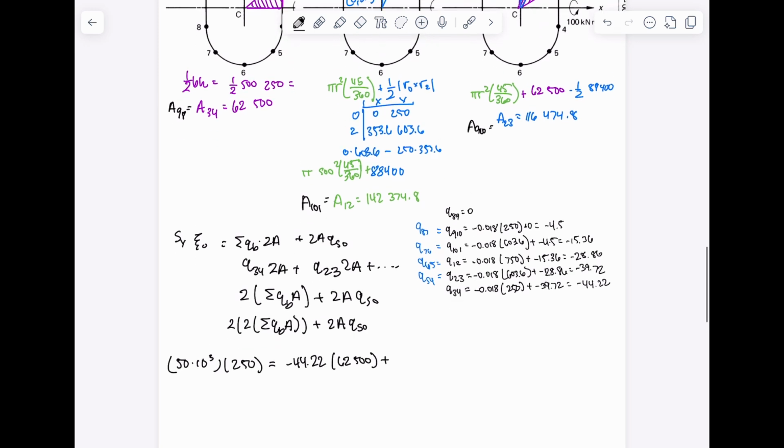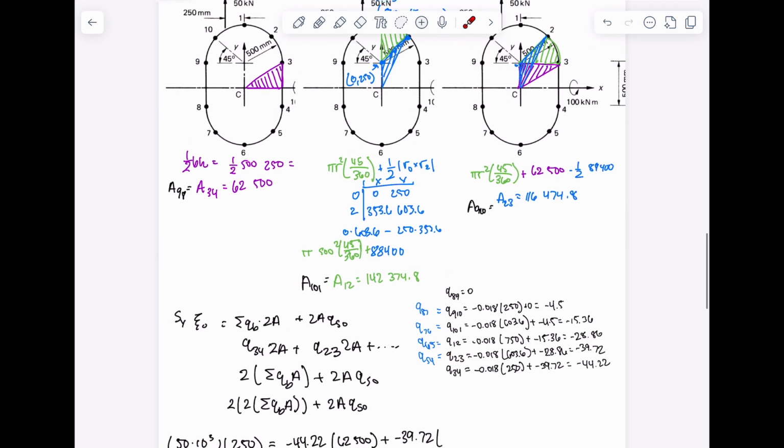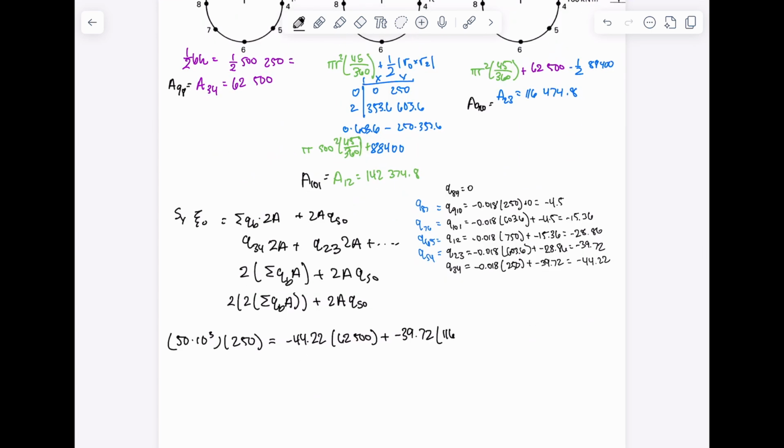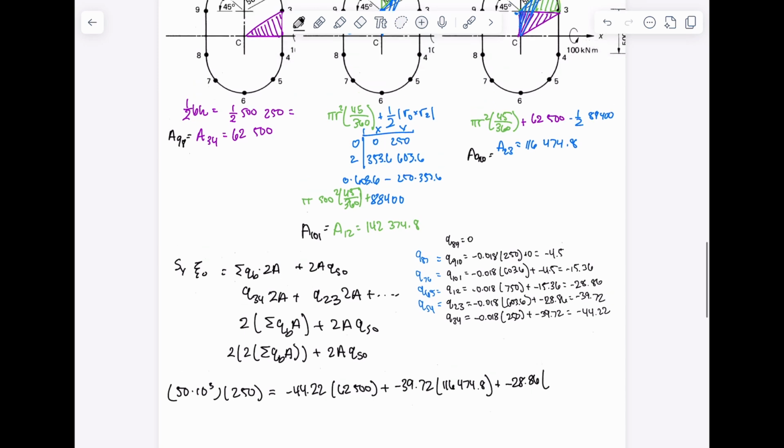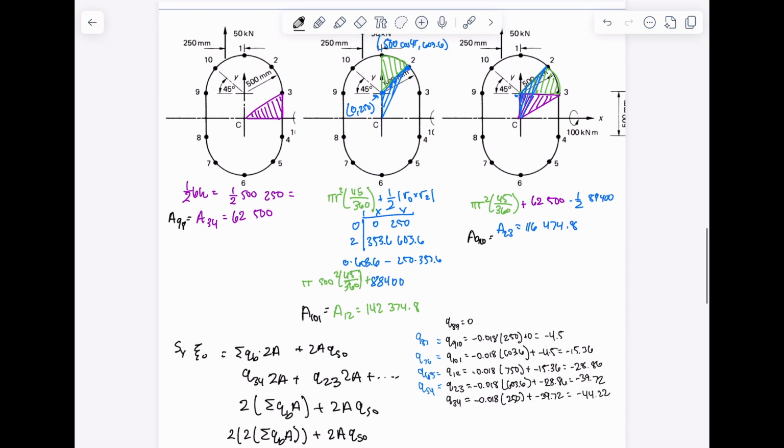We add shear flow of 2 to 3, which is the next one here, again negative 39.72, and the area of 2 to 3 is this one, 116,474.8. Add again shear flow of 1 to 2, which is negative 28.86 times area of 1 to 2, which is here.